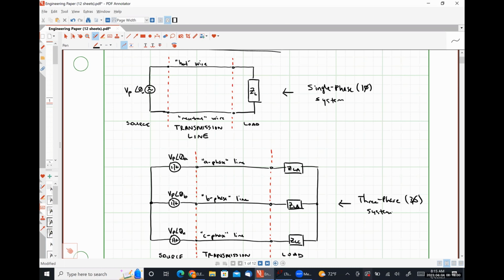Three-phase systems are designed such that all of the oscillations are exactly 120 degrees out of phase with each other. And when you add them all together, it appears to be constant. So if you're able to deliver a constant amount of power to something like an electric motor, what do you think that means?